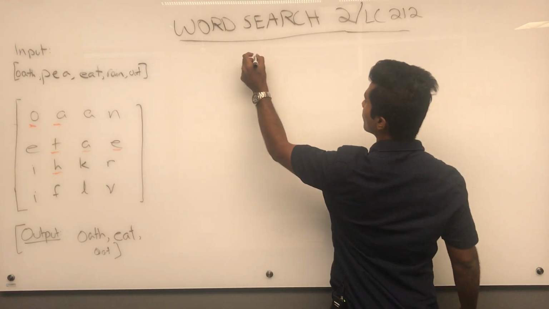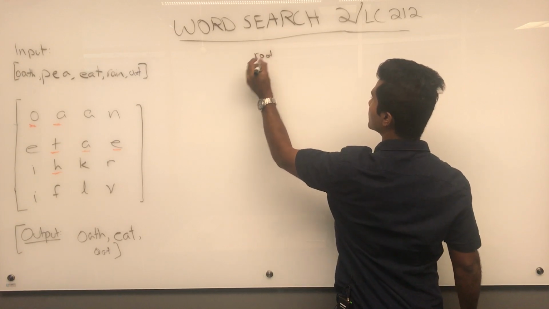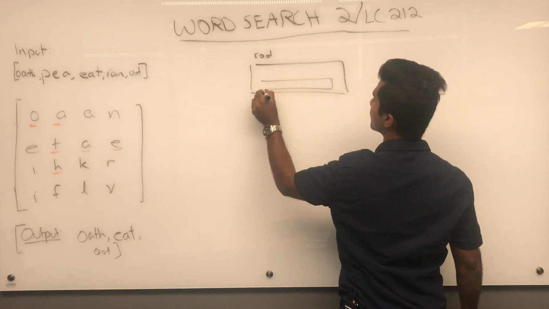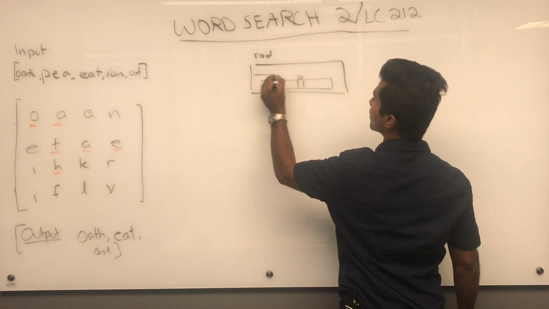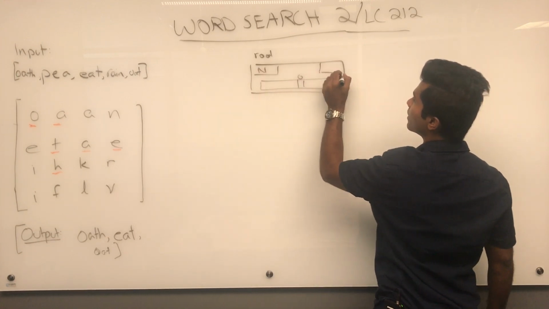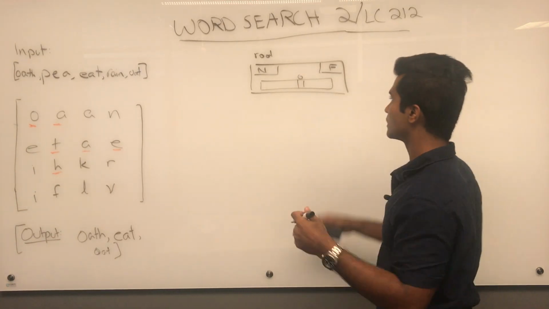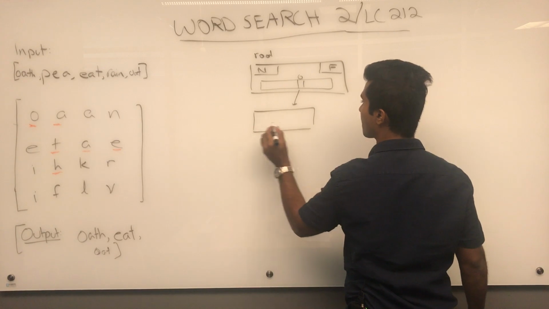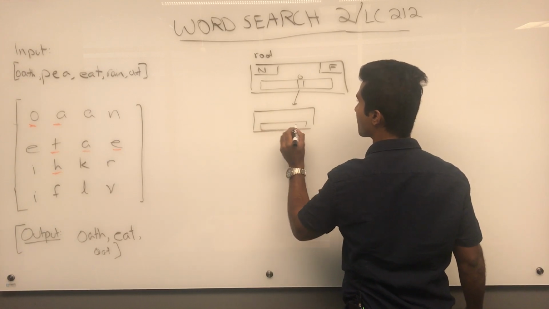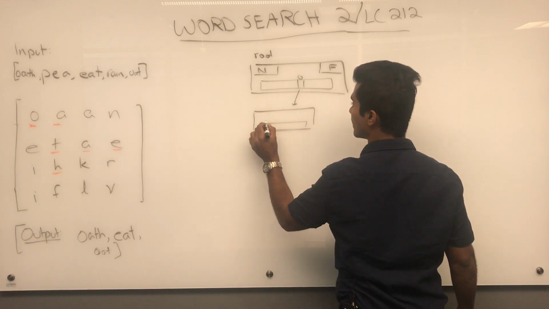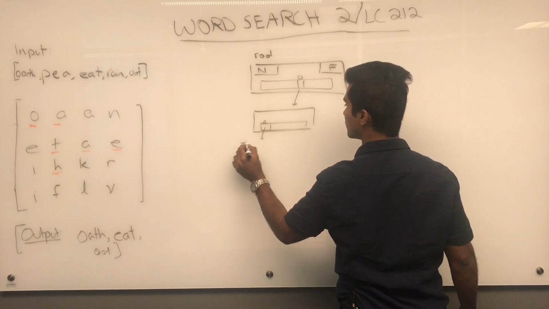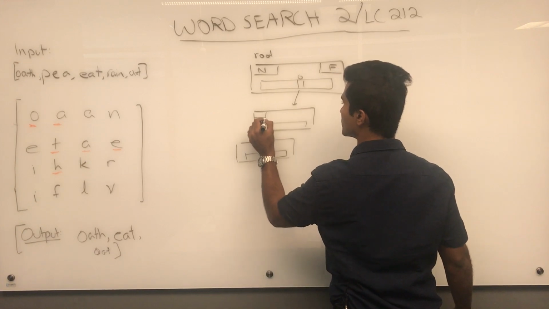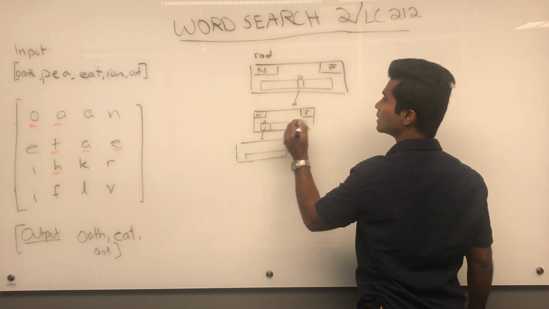Now we have a root node, and that begins by O, just put N for null and F for false. So O, A, this is N for null, and this F for false.